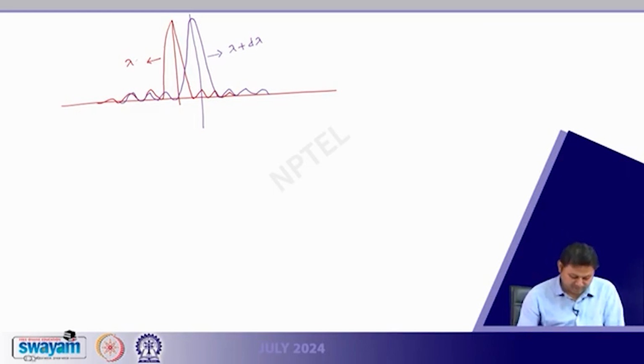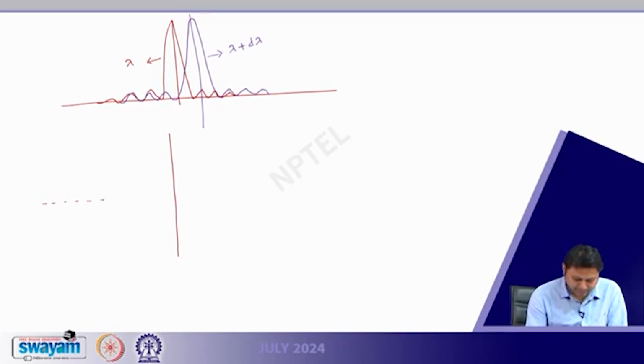Let us try to understand. In terms of theta, if I want to do this plot, let me plot it then. So, this is for red, say.